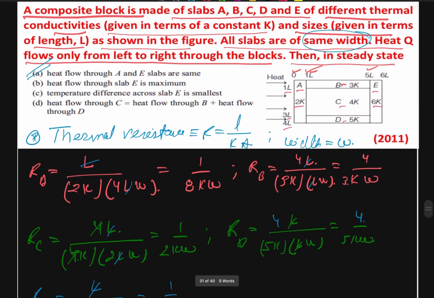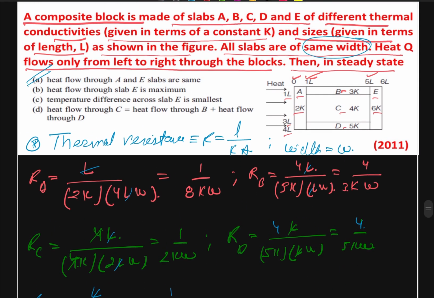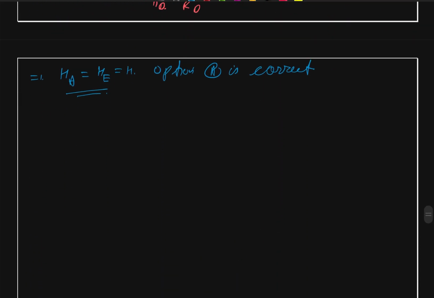Next it is asked whether the heat flow through the slab AE is maximum. Okay. So let's find out the respective ratio of the heats. So we know that in parallel current distribution, in this case we can write the heat distribution.